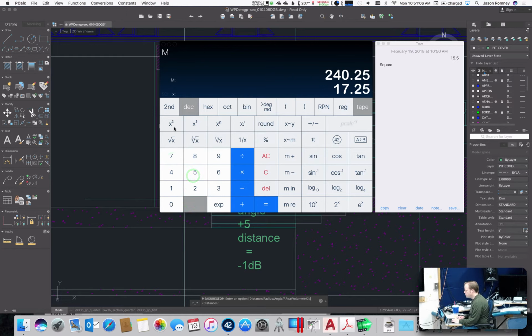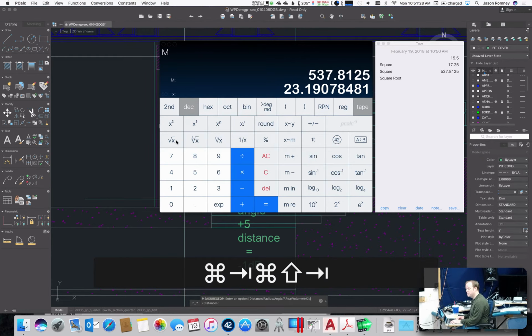I square that and add it into my memory. So now I'm sitting at 537.8125. I'll bring that back in and take the square root of that, and I get 23.19 feet. That is the actual distance that that seat is away, right? So somebody write that down, 23.19 feet.